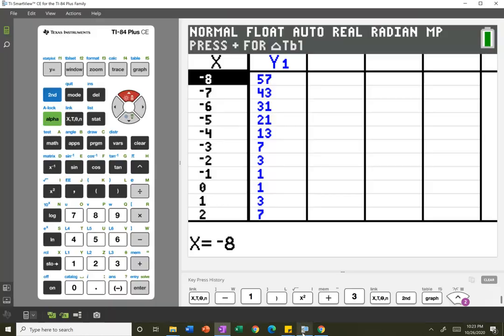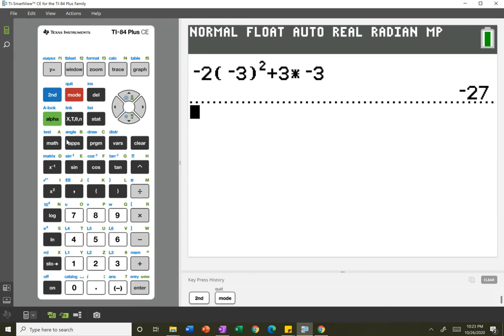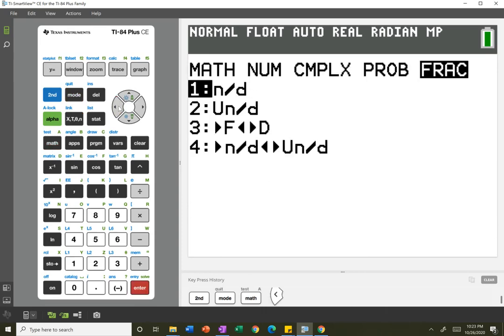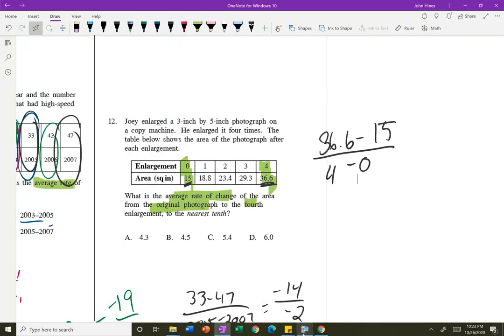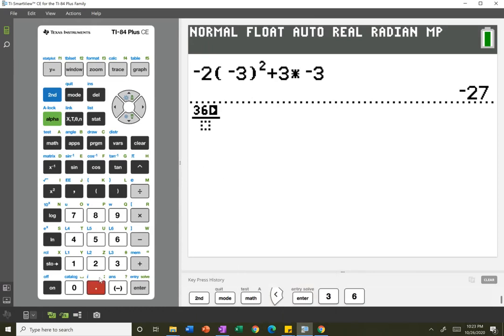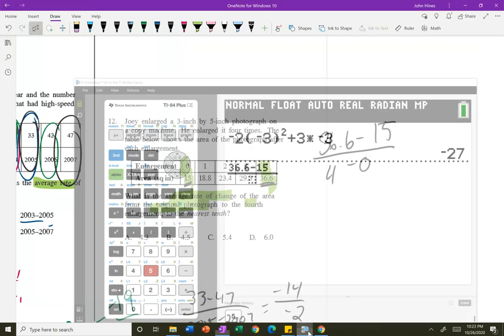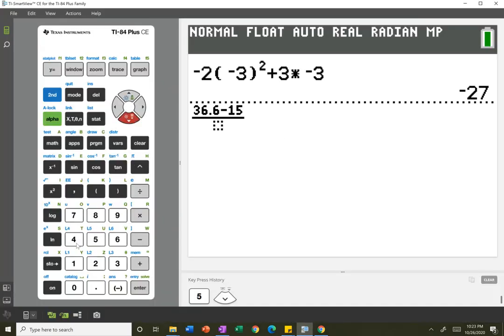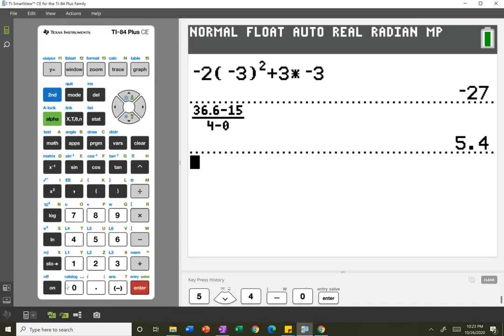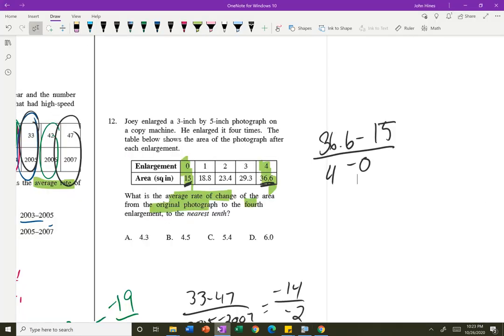And then from here, I just type that ratio into my calculator. So math fraction, and I'm going to type in 36.6 minus 15 over 4 minus 0. So we get 5.5 as our average rate of change when I type that into my calculator.